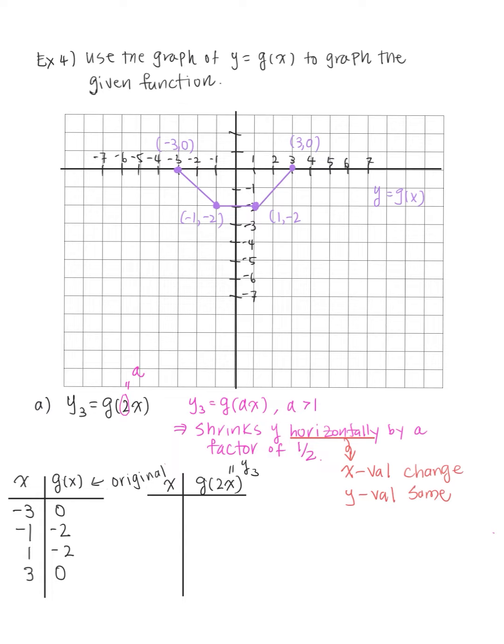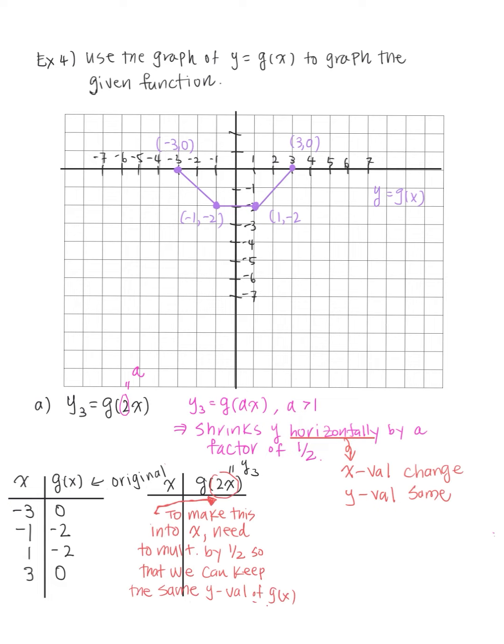And that's precisely what we need to do if we want to keep the same y value as the original one. So here, I don't know if you can read this. What I wrote is this: to make this into x, we need to multiply by 1/2 so that we can keep the same y value of g of x.